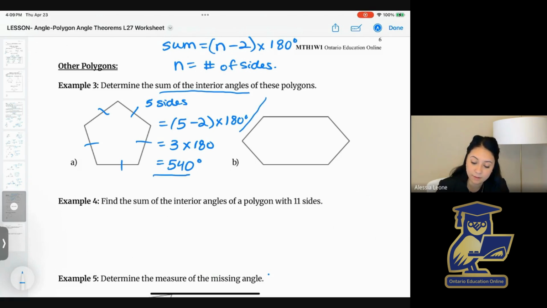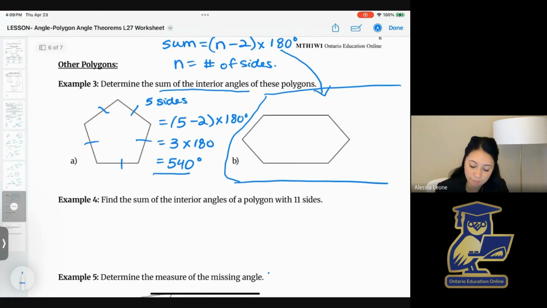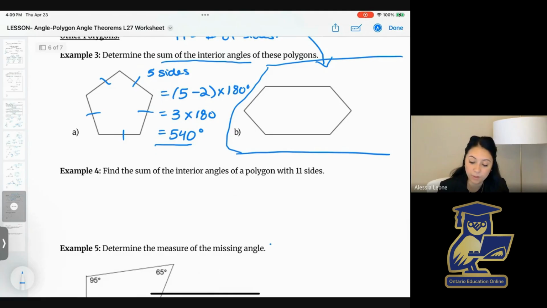B will be the same. Okay, so I'm going to leave that for you to practice. Okay. Number 4, find the sum of the interior angles with the polygon for 11 sides. So it's just giving us the sides amount, but that's okay because that's all we need to find the answer.